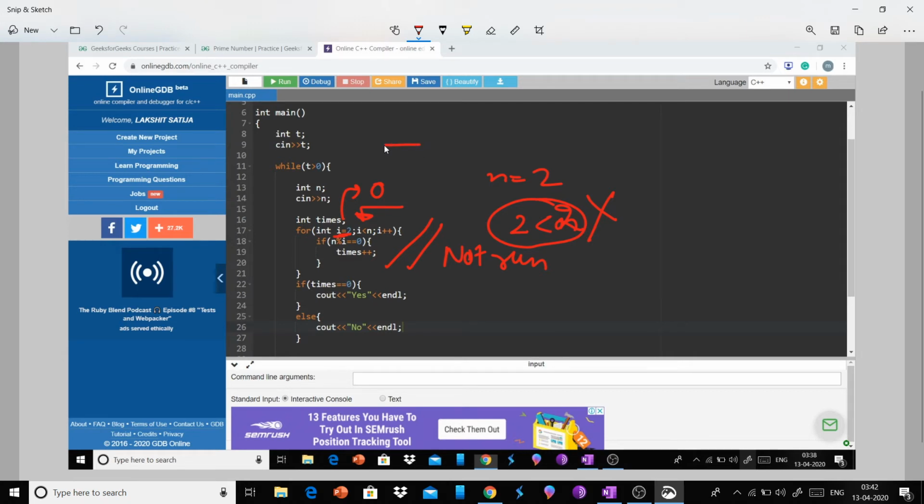Because the compiler denotes the value equal to 0 if we don't initialize it, and it will give output yes only, right? So this was the extreme case which we have to take care of, whether we are getting the right output or not, right?